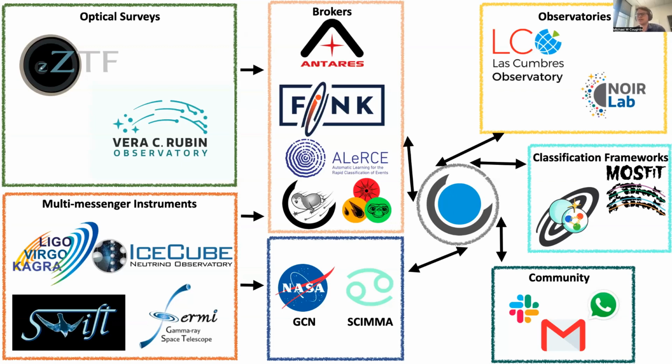It's a place where you can ingest one of those filtered alert streams and trigger follow-up observations with your telescopes, or use a classification framework or a light curve fitting tool like NMMA, which is shown there with a funny nucleus symbol, or MOSFiT, which does generic light curve fitting.